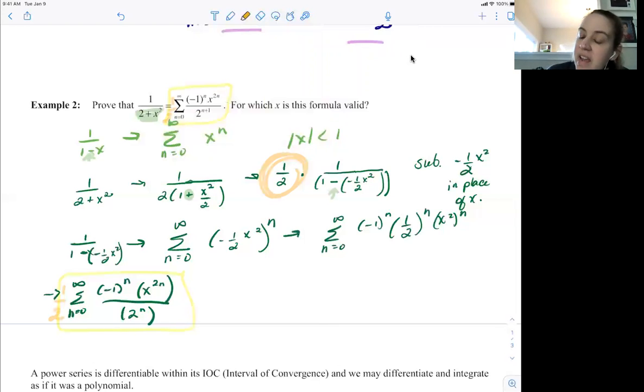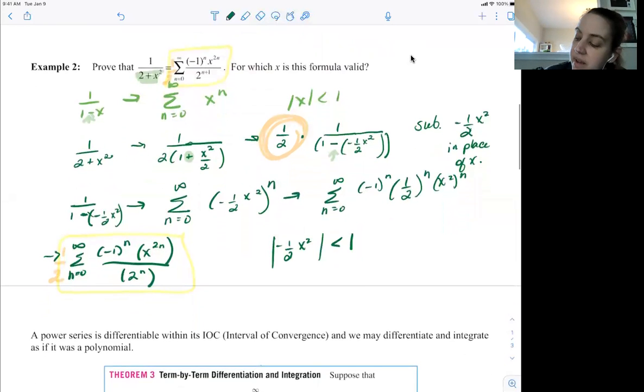And then for which x is this formula valid, we actually have to put this negative 1/2 x squared in place of the x where we have the absolute value of x is less than 1. The absolute value makes everything positive, so you don't have to worry about it. So it's 1/2 x squared is less than 1. Pull out the 1/2. It's not really factoring.